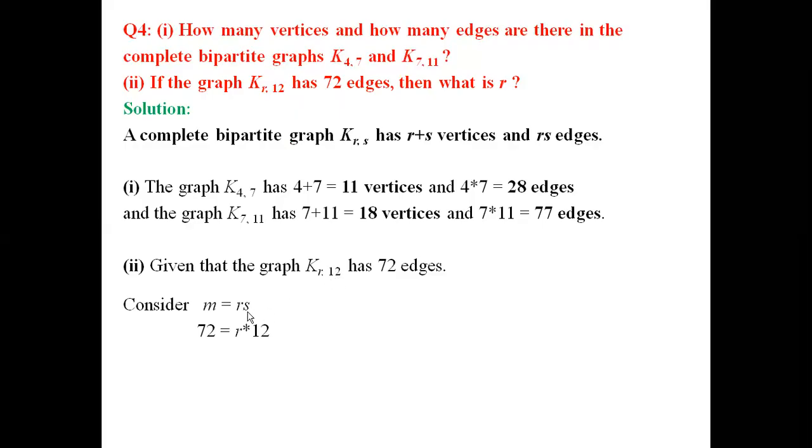So s is equal to 12. So we have 12 into r equal to 72. Dividing throughout by 12, we get the value of r as 6. That was the second part of the problem, to find r, given that K r,12 has 72 edges. So we obtain the r value as 6.